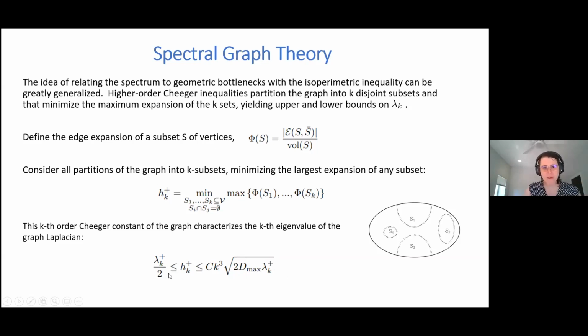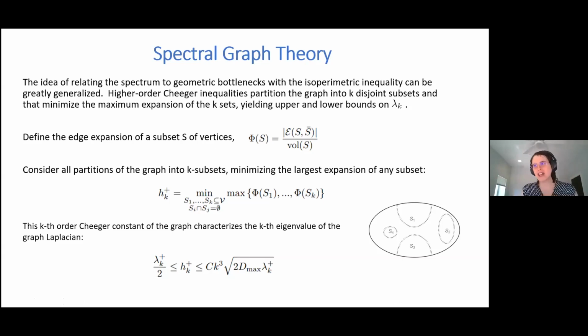It turns out that up to this square root factor, and D max here is the maximum degree, this search for bottlenecking subsets is the if and only if of where the energy eigenvalues come from, right? So you have a small spectral gap if and only if you have this bottlenecking type of subset.